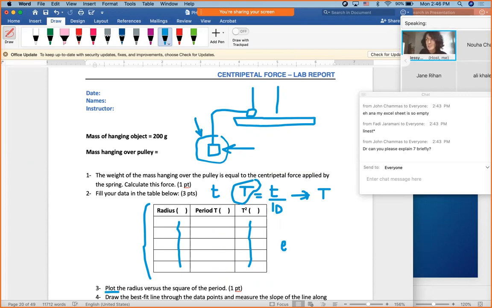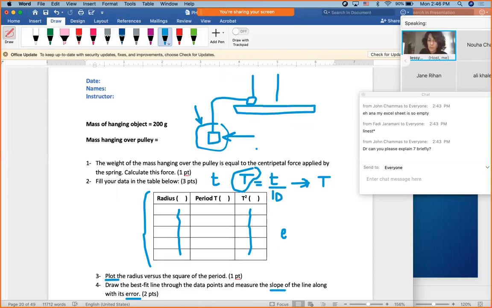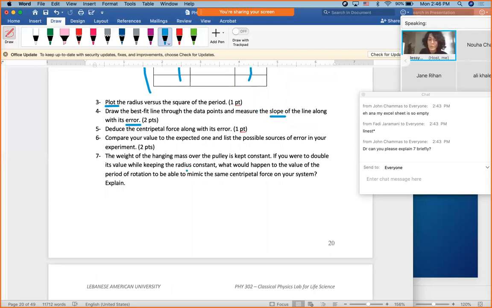Because you know, high speed will give you centripetal force or a behavior very similar to where you have a hanging mass of a certain Newton number of magnitude, you know? So I would say the speed squared must be doubled. So if the mass is doubled, the force is doubled. So speed squared is doubled. So speed will be multiplied by radical 2. Now try to discuss what would happen to the period. John, do you know the relationship between period and speed?